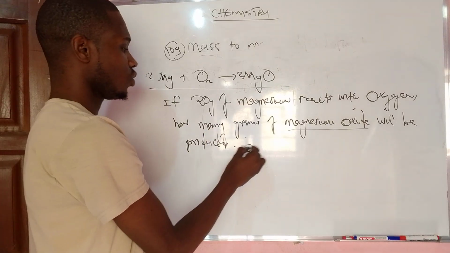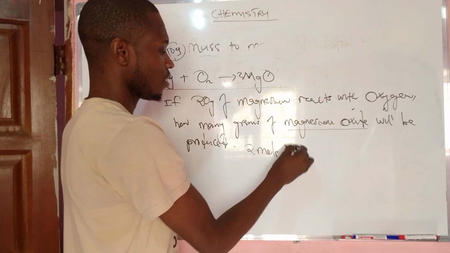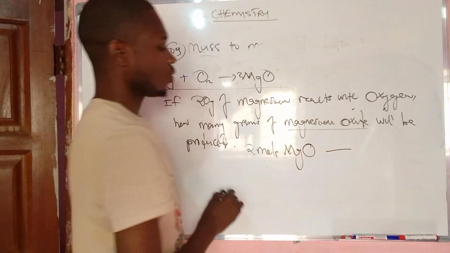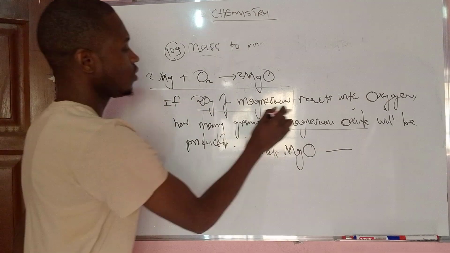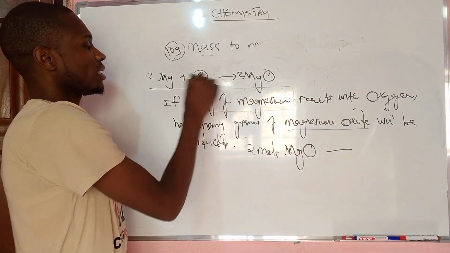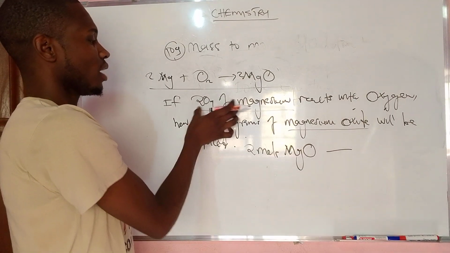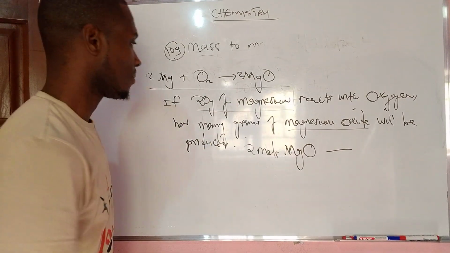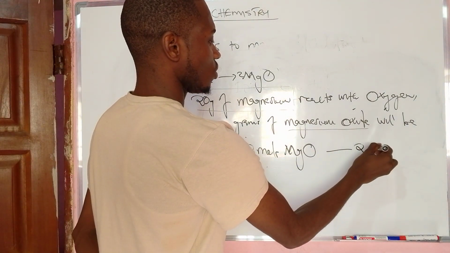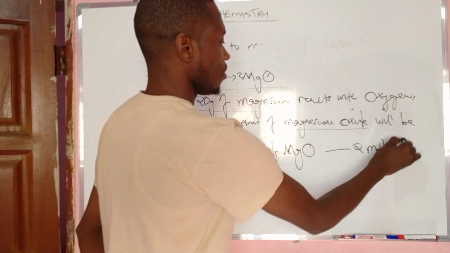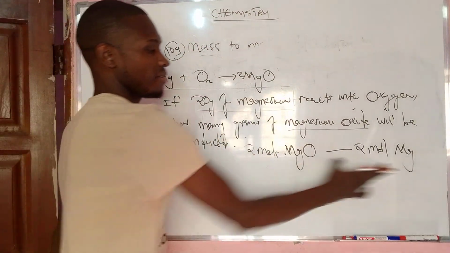So we'll say 2 moles of magnesium oxide will be equated to 20 grams of magnesium. I can't get oxygen because oxygen has no number. So I'll get 20 grams of magnesium, which also has 2 moles. So I have this part now.